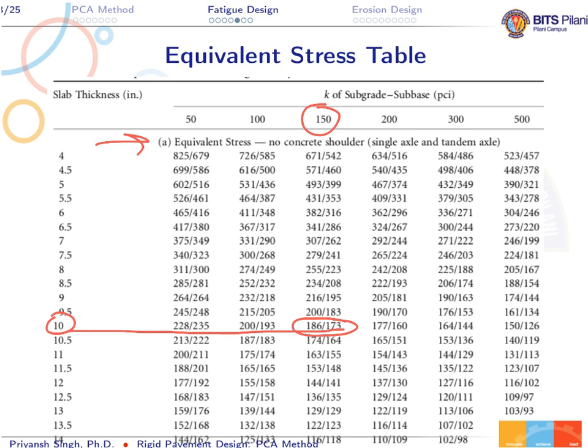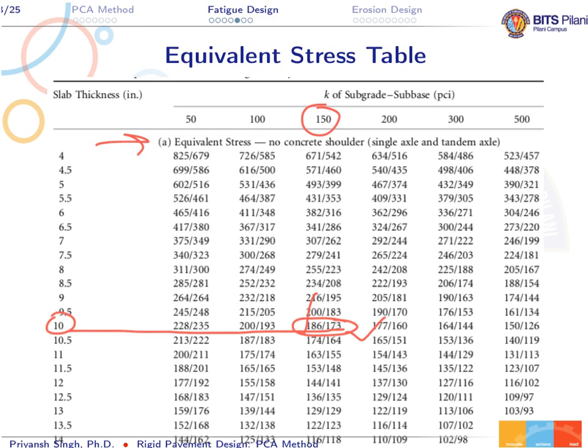So 186 is for single axle and 173 is for tandem axle. So for a case when you have K equal to 150 PCI and slab thickness assumed as 10 inches, you will have an equivalent stress of 186 in case of single axle and 173 in case of tandem axle.